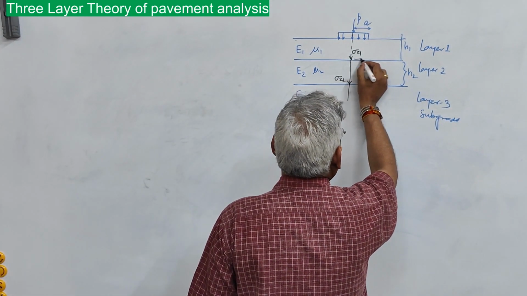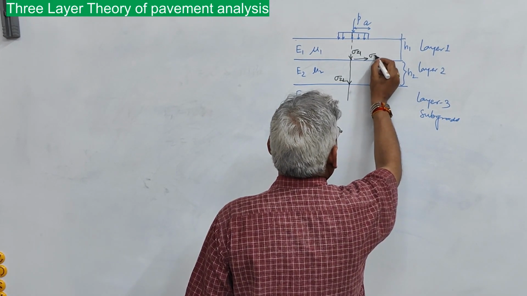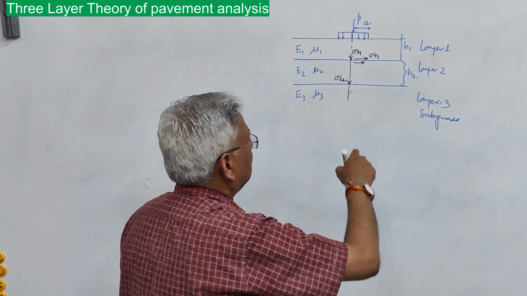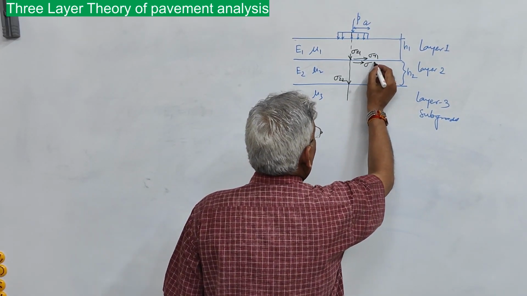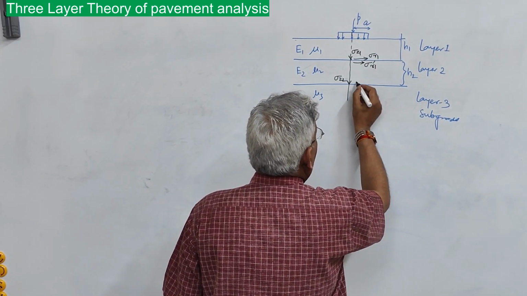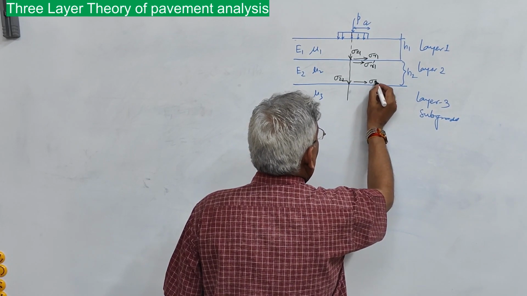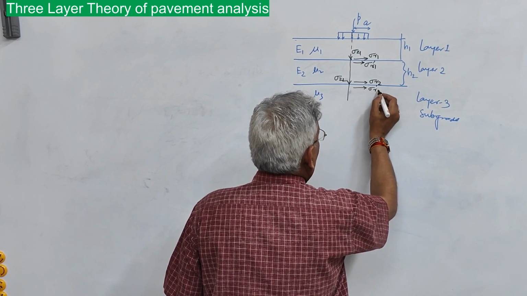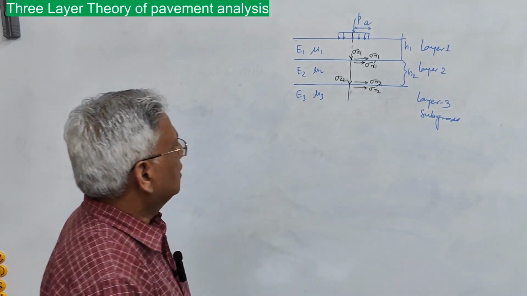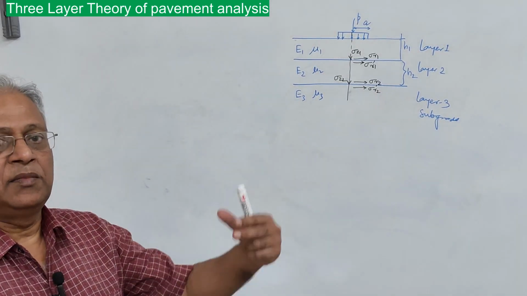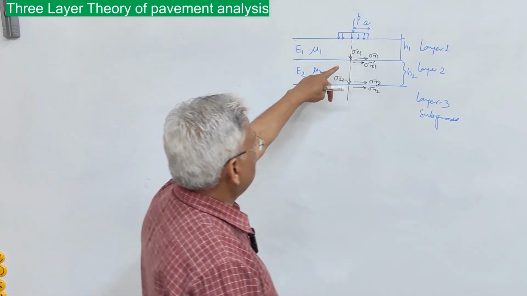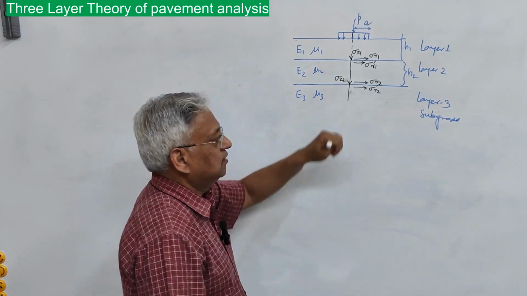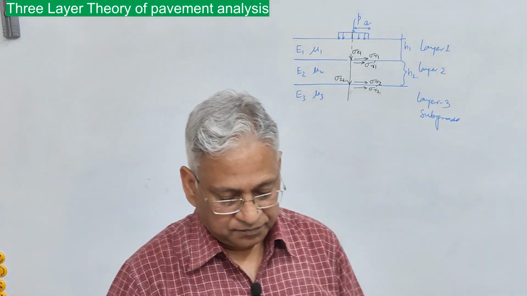Radial stress at the bottom of the first layer, let us say sigma R1, radial stress at the top of the second layer, let us say sigma R1 dash, and here it is sigma R2 and sigma R2 dash. These are the stresses. And similarly, you have strain at the interface of layer 1 and layer 2, and strain at the interface of layer 2 and layer 3.